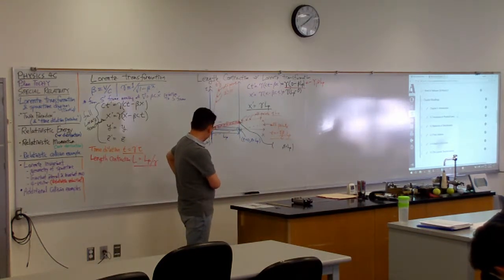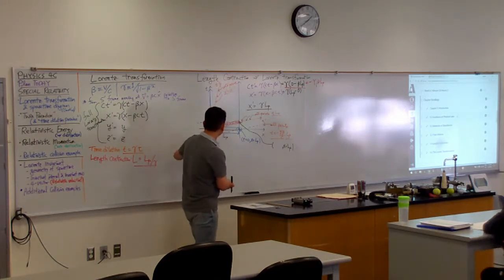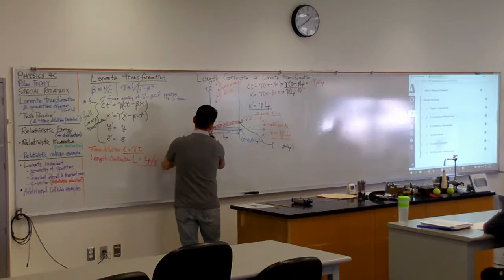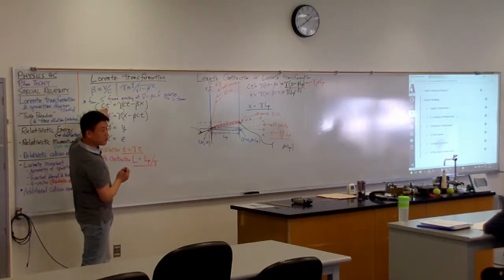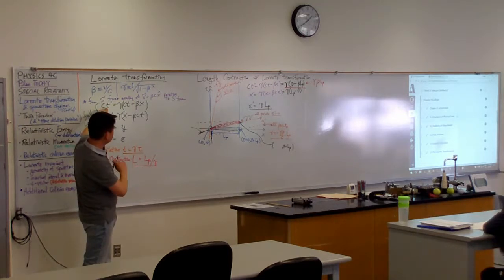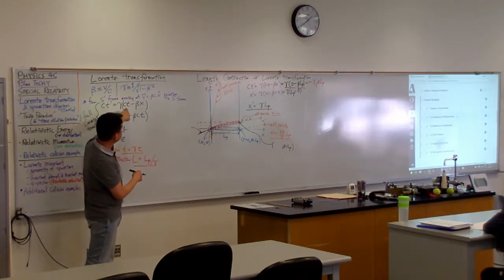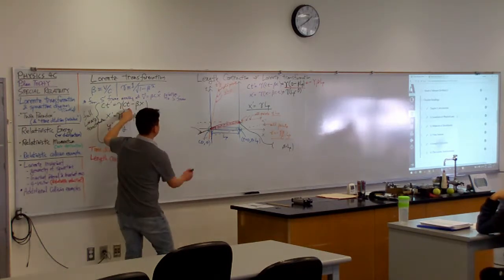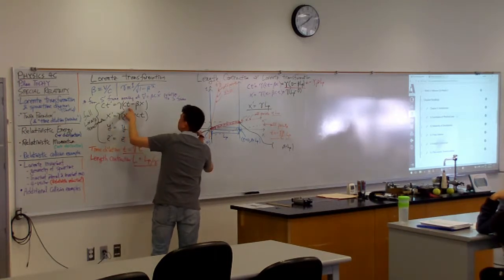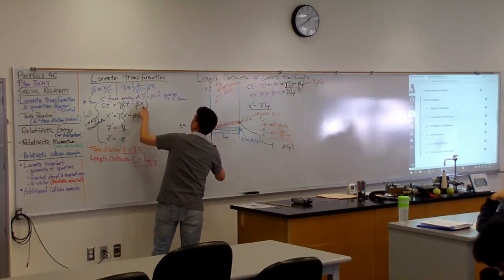And I have to get a new time, t. I can be helped by knowing what this line represents. This line comes from having set t prime equal to 0. So it's the line that satisfies ct minus beta x is 0. Or solving it for time, it represents t equal to beta x divided by c.